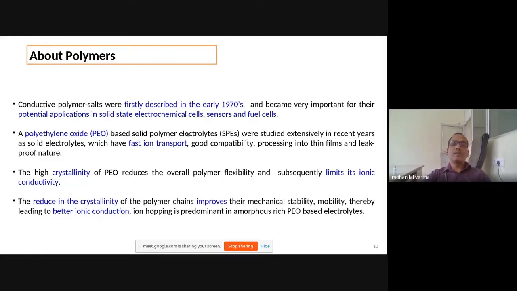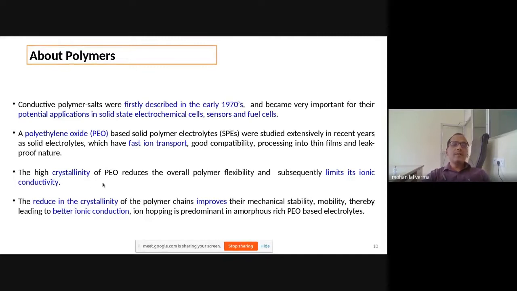These conductive polymer salts were first described in the early 1970s, and now they have very important applications in various solid electrochemical devices, sensors, fuel cells, etc. Out of all these polymeric materials, PEO, polyethylene oxide, is the head of all polymers, and PEO-based solid polymer electrolytes have been studied extensively in recent years because of their fast ion transport, good compatibility, easy processing, form of thin films, and leak-proof nature.